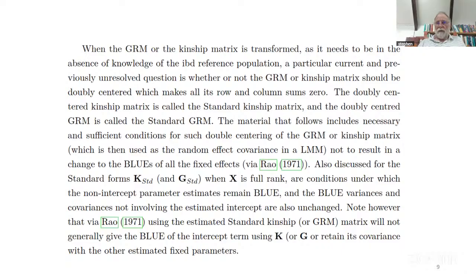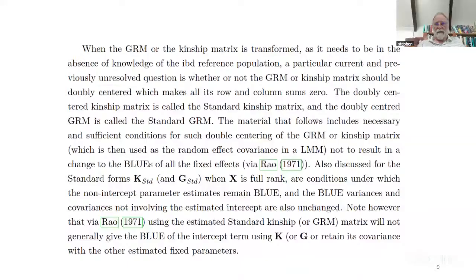And one of the unresolved questions is that what's used mostly is to take this GRM matrix and double center it, which makes all its row and column sums 0. So this is a standard kinship matrix, and I'll talk about the properties of that. It turns out that this transformation doesn't work as well as 2 other possible transformations, even though it's the one that's written into enormous amounts of the software.